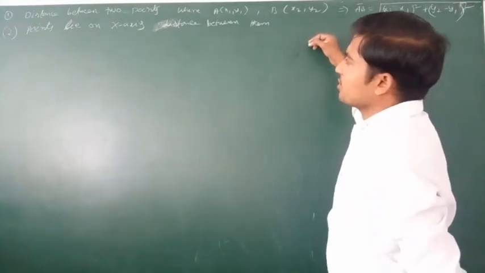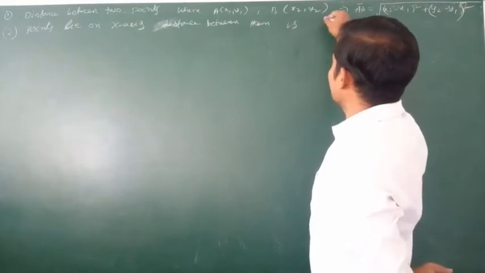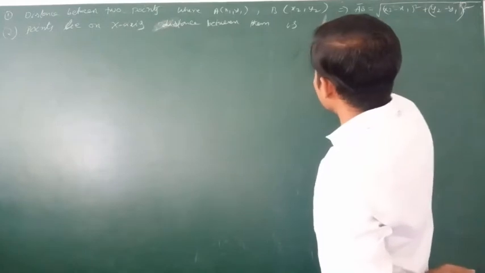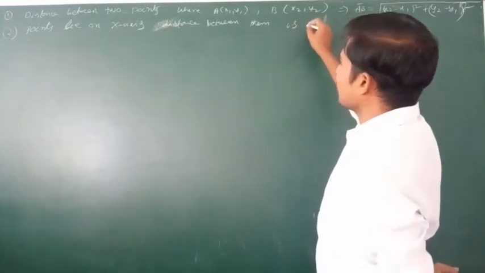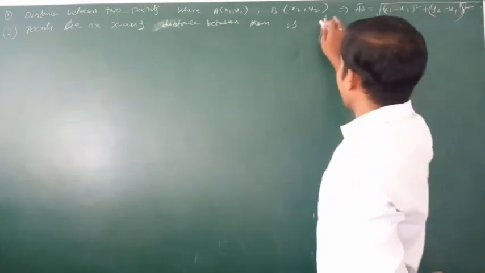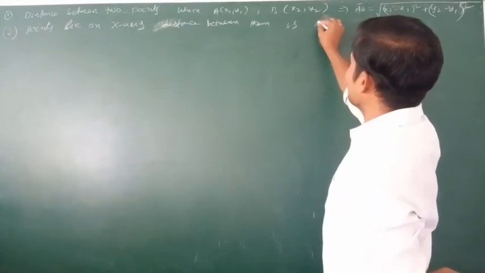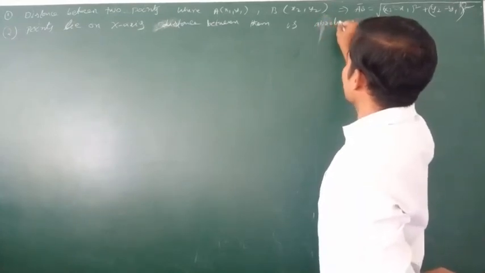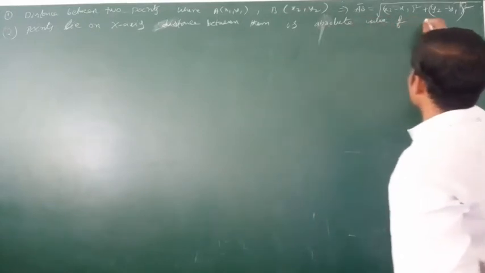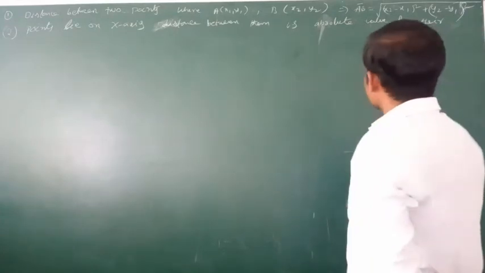Points lie on x-axis, distance between them is the modulus of the difference between their x coordinates.